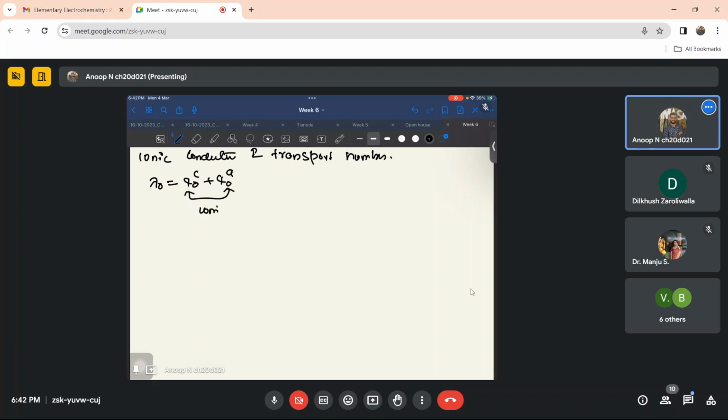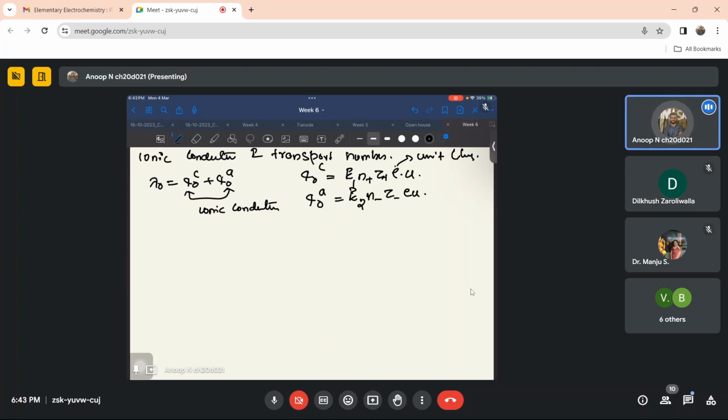Ionic conductivity. L0 cation is equal to K1 N plus Z plus into E into U, where E is the unit charge, as we have seen in the last lecture. Similarly, L0 anion is equal to K2 N minus Z minus E into V.